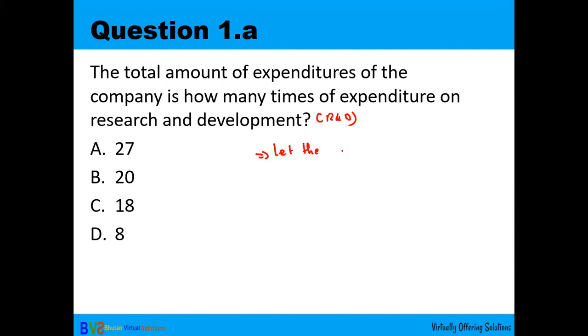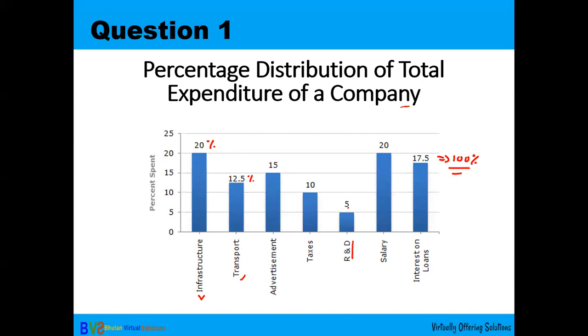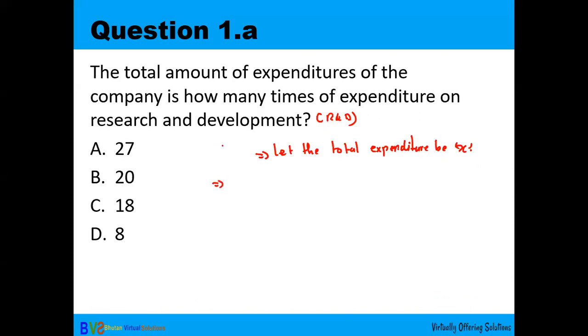Let the total expenditure be X here. The research and development percentage to it is 5%. So the R&D expenditure is equal to 5% of the total expenditure, that is X.